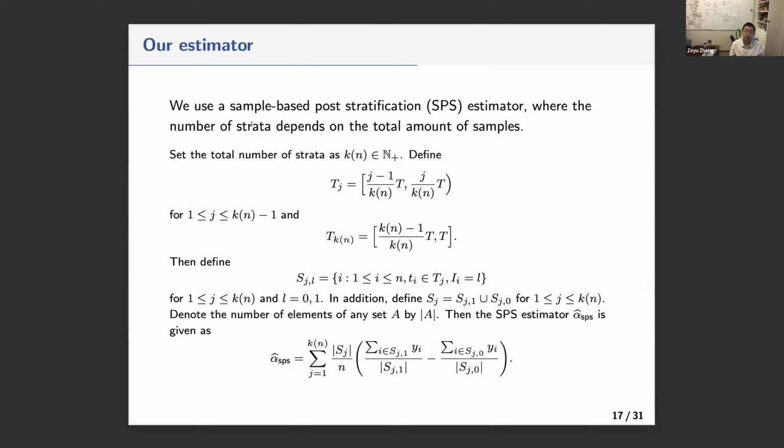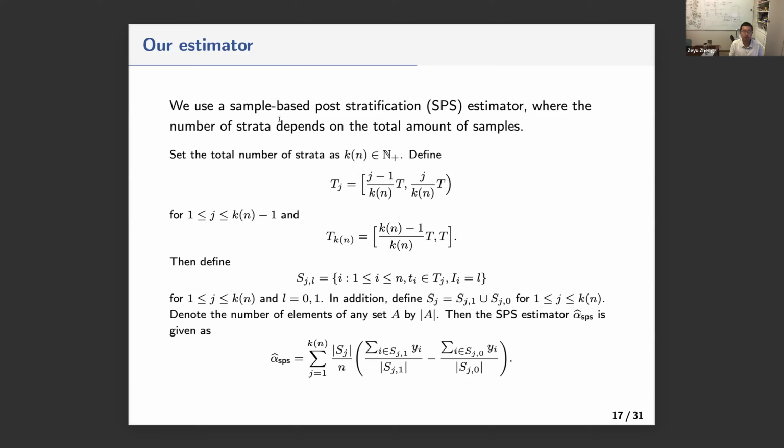So we are just using this term sample-based post-stratification, SPS estimator, to indicate that the number of stratification levels depends on the total amount of samples, in the sense that we like many stratification levels, a big number, to make sure it's a high granularity thing. It takes into consideration granular time of day effects, but we also hope each stratification level contains a sufficient number of samples, right?